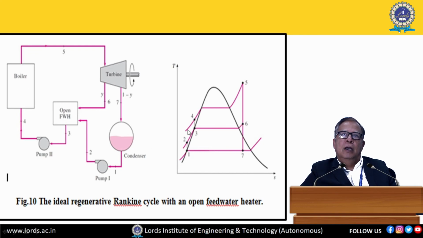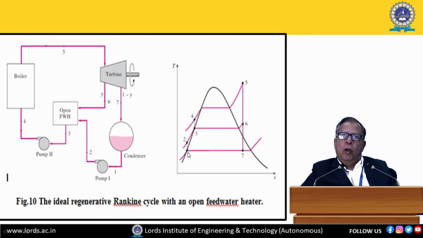We can see here on the TS diagram, 5 to 6 is the expansion which is taking place in the turbine, and then part of that, Y unit of the steam, is passed into the feed water heater, and then the remaining portion of the steam, 1 minus Y unit, is expanded completely in the turbine to the condenser pressure, and then it is condensed completely at point 1.